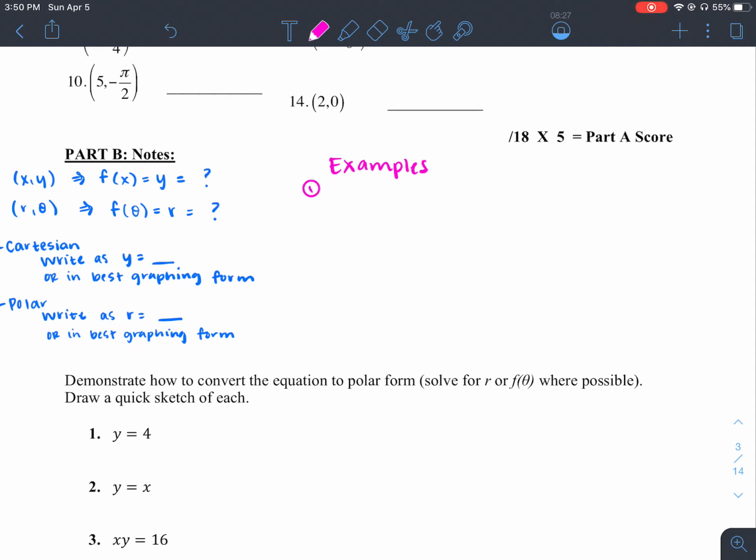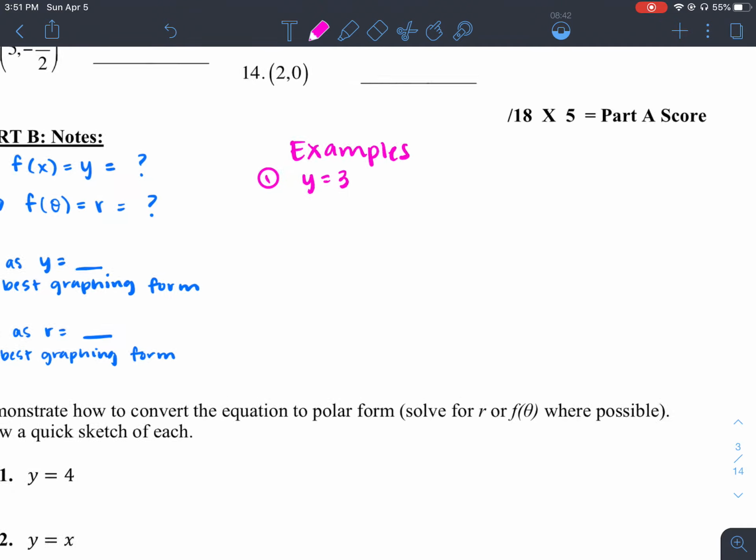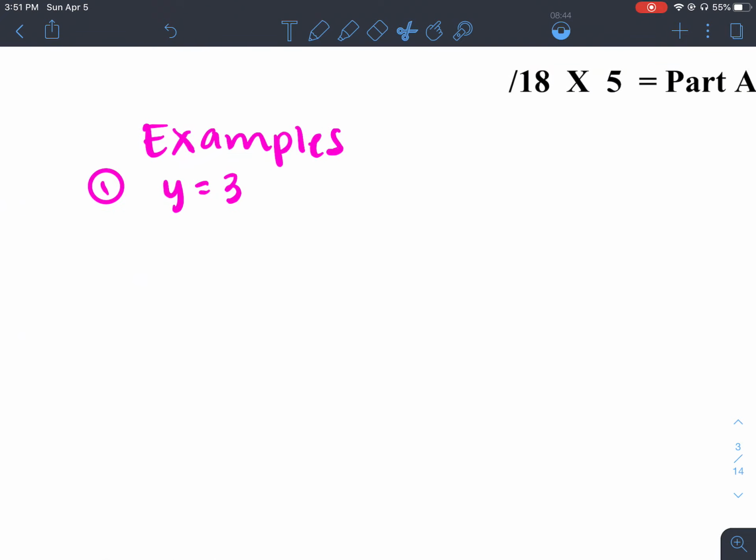So this first one here, we are going to start with the equation y equals 3. All right, that is a horizontal line going through the point 0, 3. What we want to do is convert this into our polar coordinates. So we want to take what we know y has to equal and do substitution.